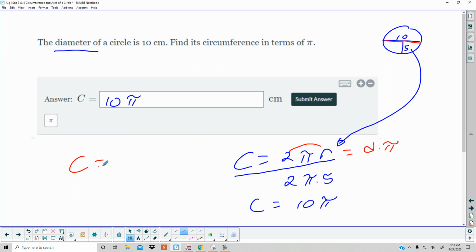So circumference is also pi d. So if they tell you the diameter, you can just fill that in if you use this formula. If you want to use the other one, you have to fill in radius. So circumference is pi times 10, or, oops, I got it backwards, 10 pi. And you type 10 and hit the pi button. Okay?